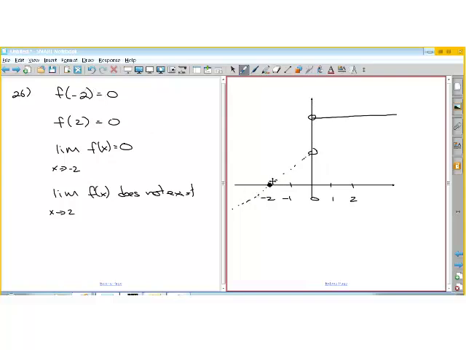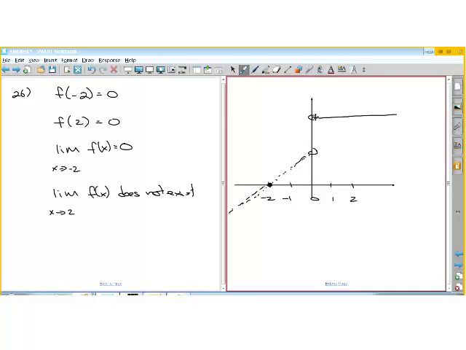Does it satisfy the requirements? Well, f of negative 2 is 0. The limit, as the function is this line for this part, we can figure out what the equation is. The limit is 0 because it fits right in with that straight line.